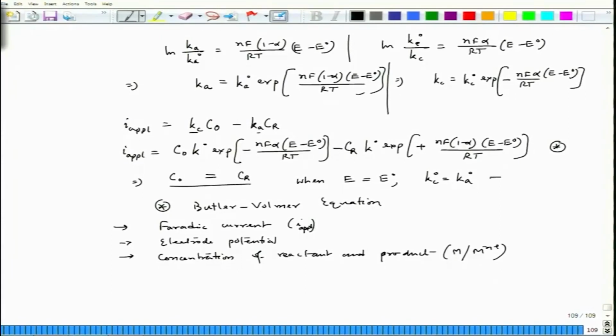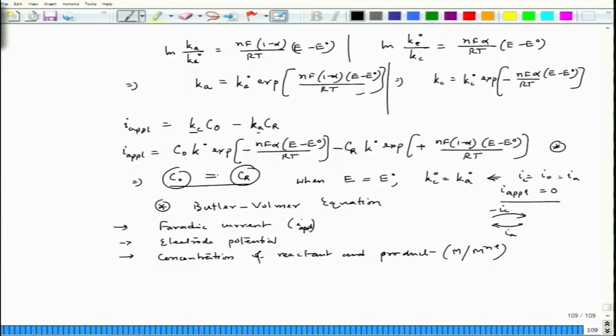Now, this condition is subjected to a situation when I equal to I0 equal to Ia and I applied is equal to 0. The net current flow is 0. So, when we have two current densities, this is Ic, this is Ia, they are of the same magnitude, but flowing opposite, then there will be no net current flow in the circuit.